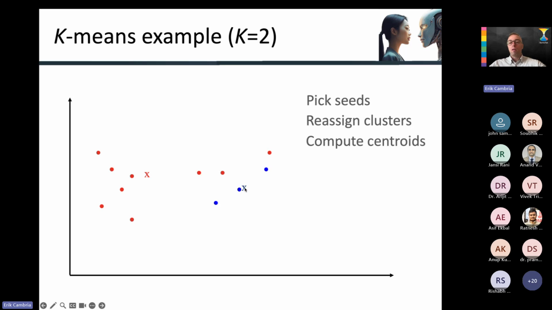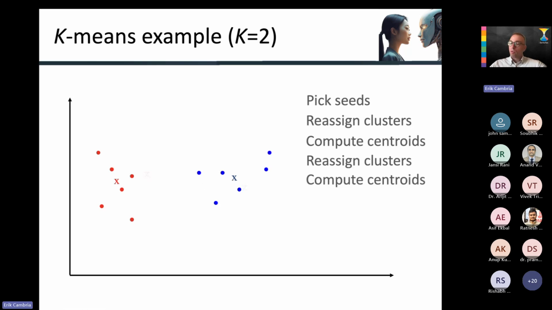So here, if you look at this point, for example, when I reassign according to the centroid, it will become blue because it's nearer to this centroid than this one. Then I recompute the centroid, and if I try to reassign the clusters, nothing happens. And that's how the algorithm converges.